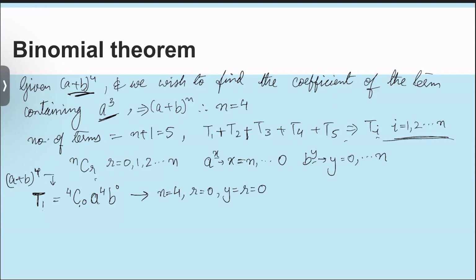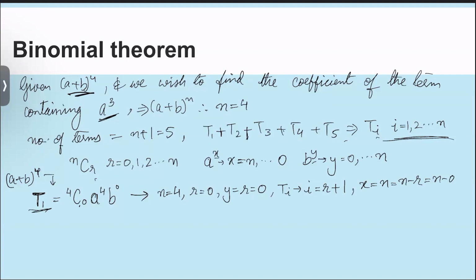Over here, for Ti, your i is equal to r + 1. So you have 0 + 1, that would be 1. And your x is equal to n, that you can also write as n minus r, so that is n minus 0 for the first term.